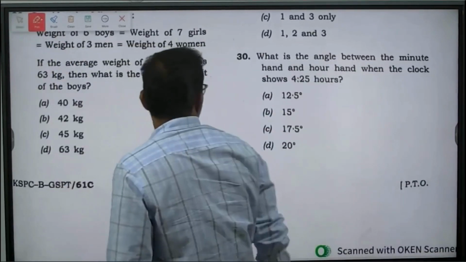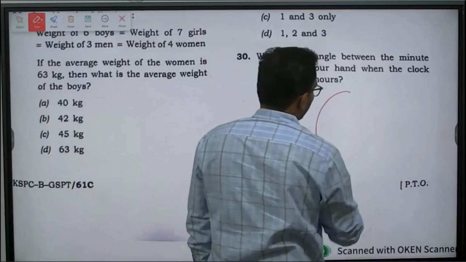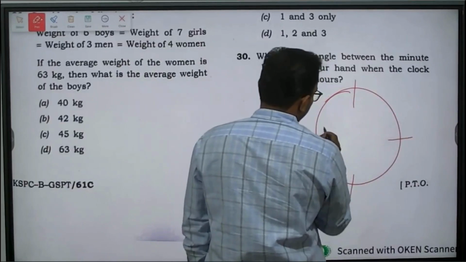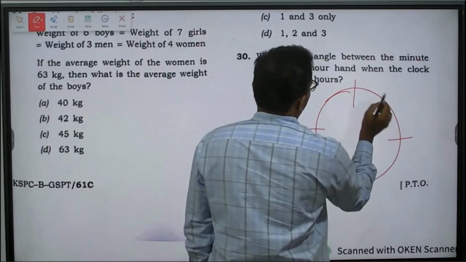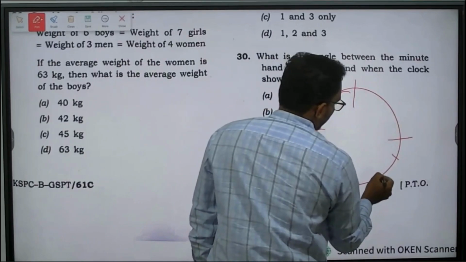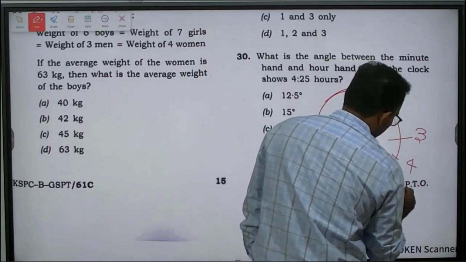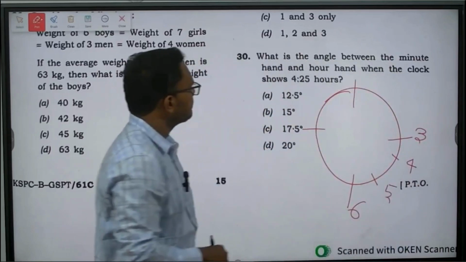Okay, this is relatively simple. Again, you need to use common sense. 3 o'clock, 4 o'clock, 5 o'clock, 6 o'clock.